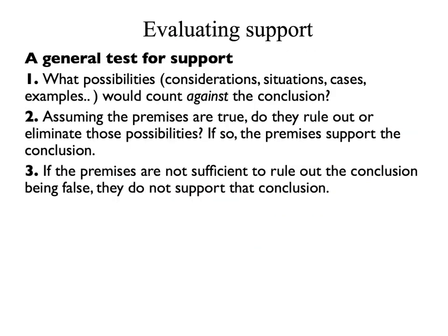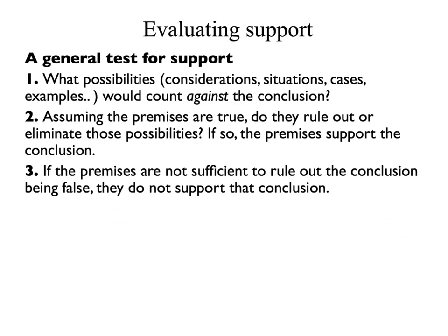So how can you decide whether premises do support a conclusion or not? There are lots of different ways or strategies you can use to evaluate support. I don't think there's just one right way to do it or one best way. Here is one strategy that's sometimes useful.